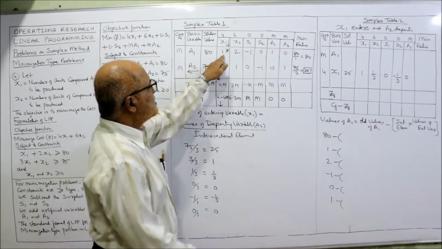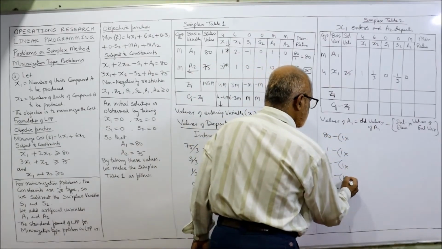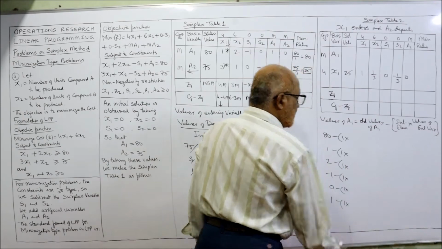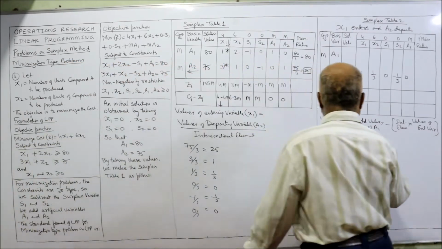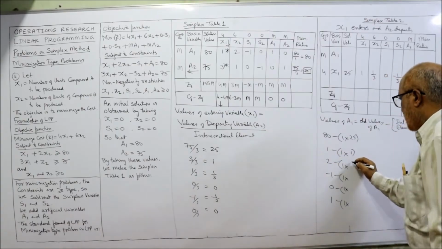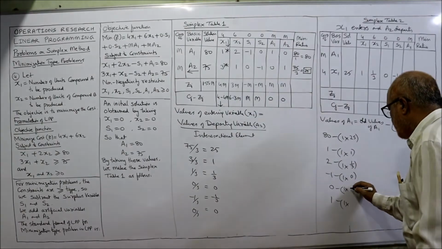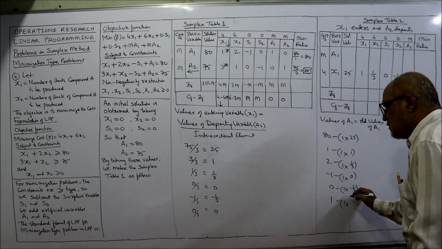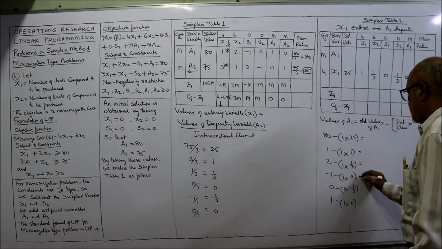A1 intersectional element is 1, 1 into the values of the entering variable. Entering variable value 25, then 1, 1 by 3, then 0, minus 1 by 3 and last one 0, is equal to.